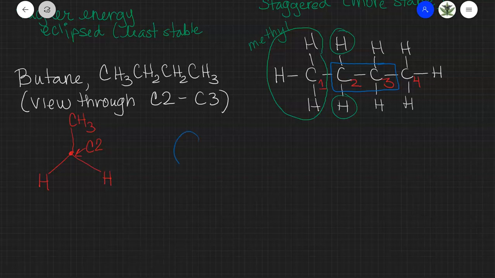So now we want to do our back carbon. And that back carbon represents carbon number 3. So on carbon number 3, you have 2 hydrogens. Let's go ahead and put those at the top, to the left, and to the right.